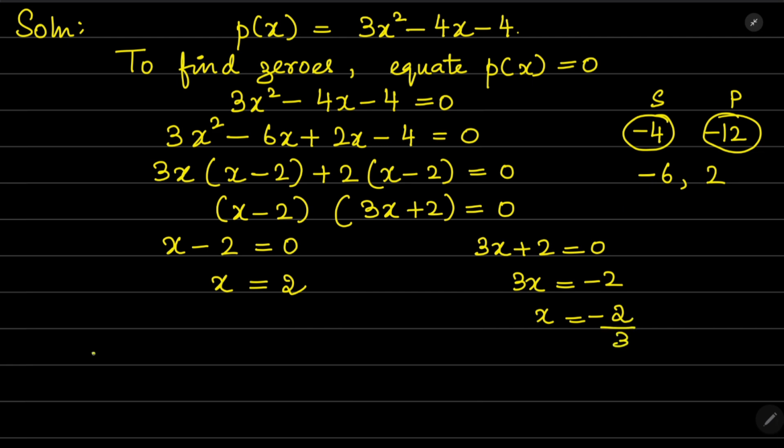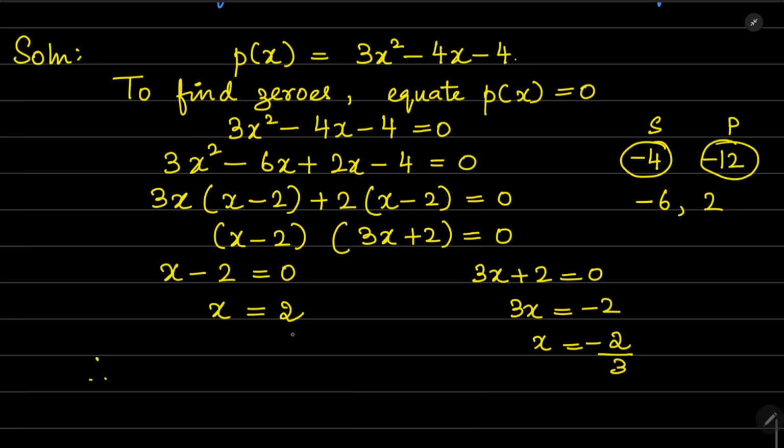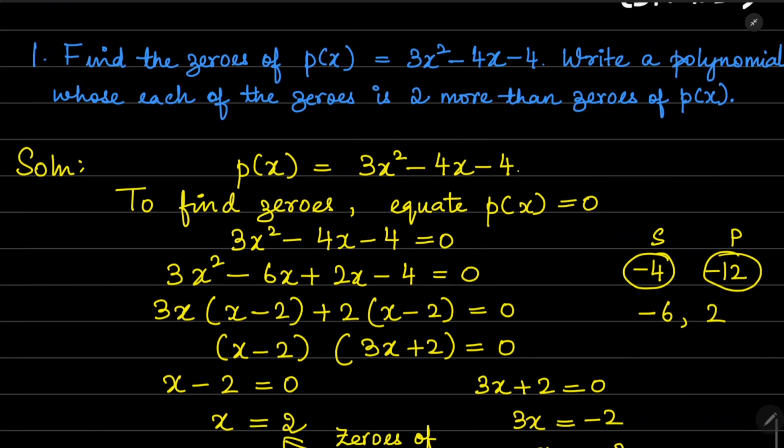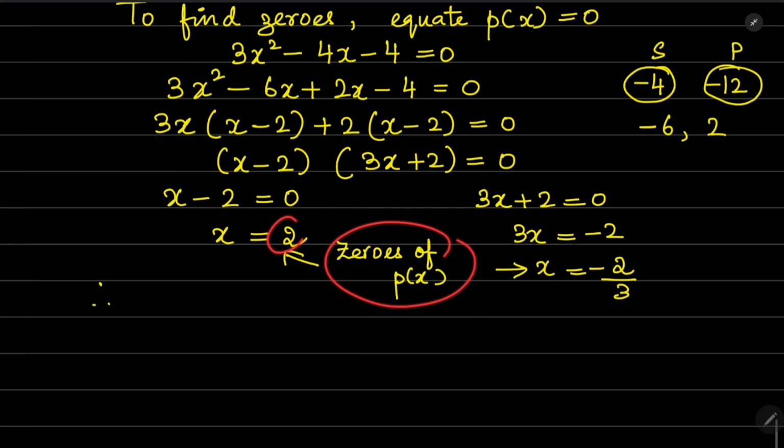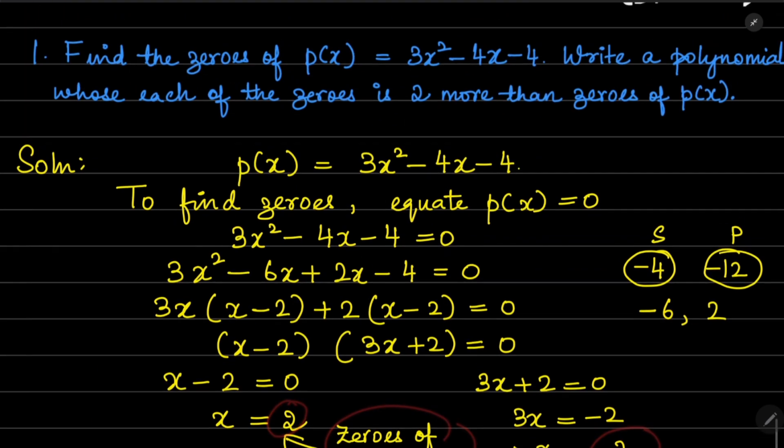So therefore, you have got the zeros of p of x. These are the zeros of the p of x polynomial which was given to you. You have done the first step, find the zeros, which are 2 as well as minus 2 by 3.